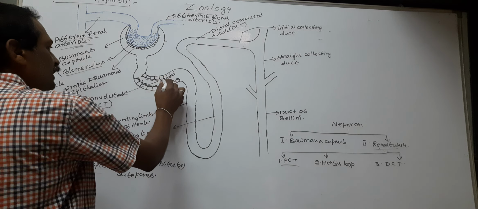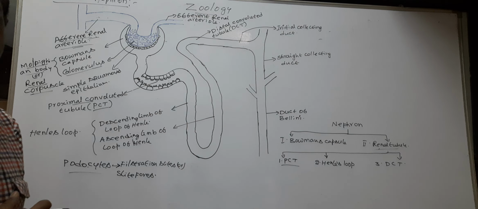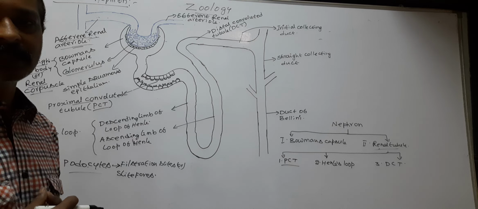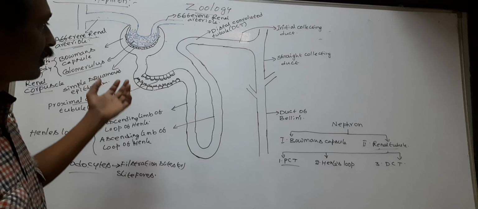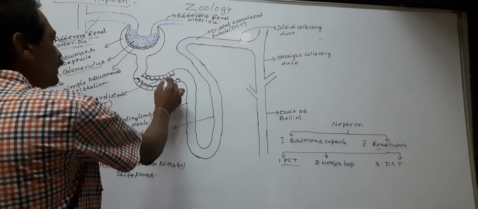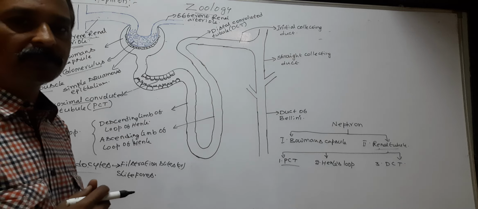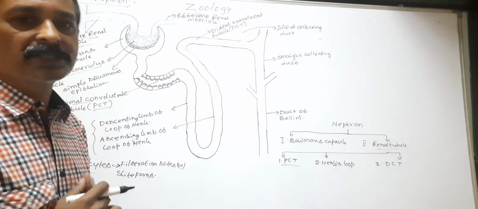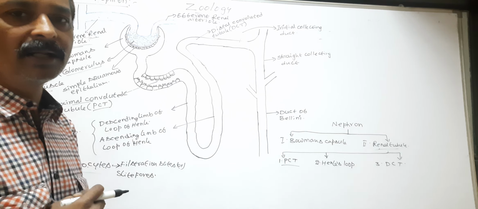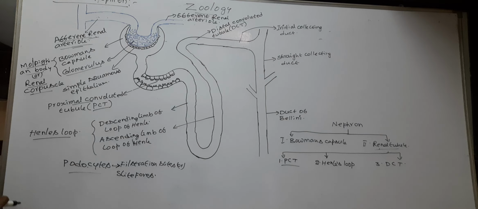Next, the PCT is located, or situated, in the cortex of the kidney. Next, the PCT continues and forms a hairpin-like structure, called Henle's loop or loop of Henle.